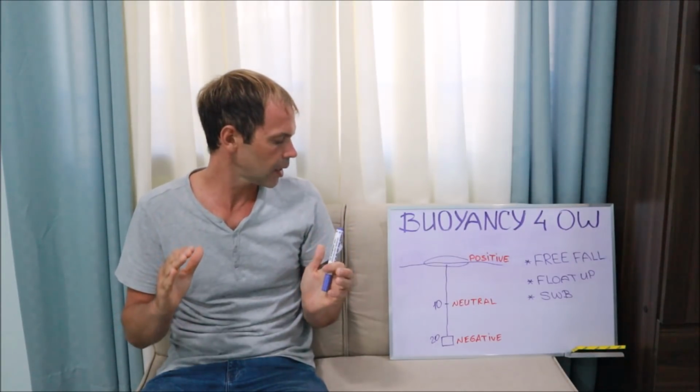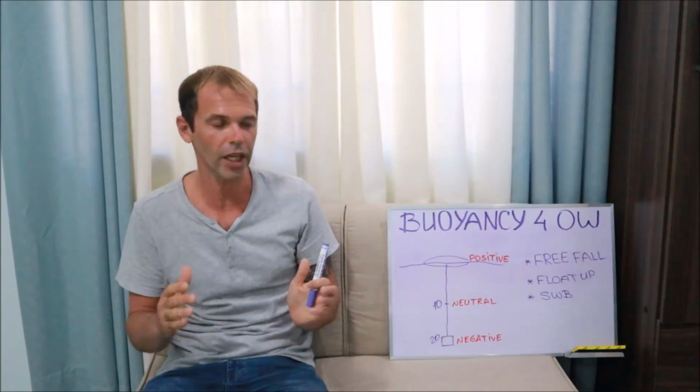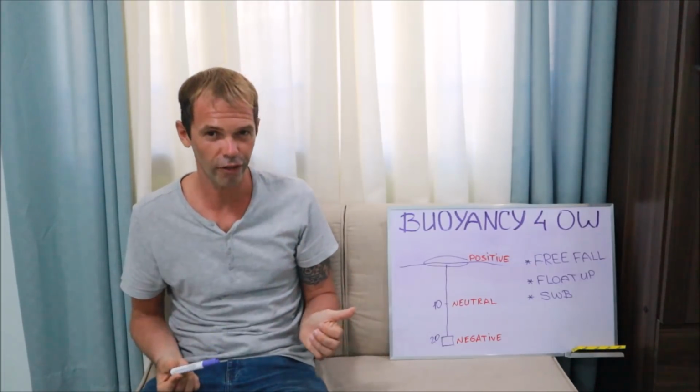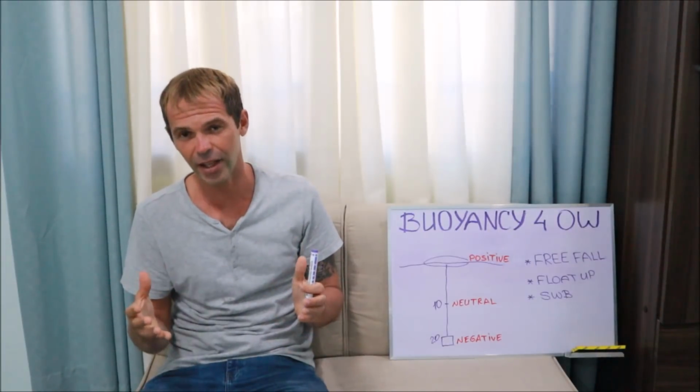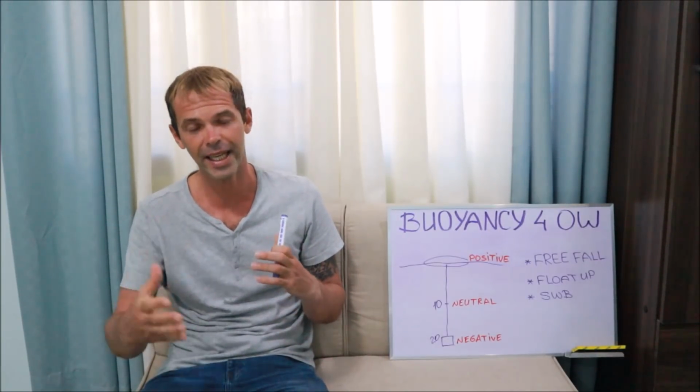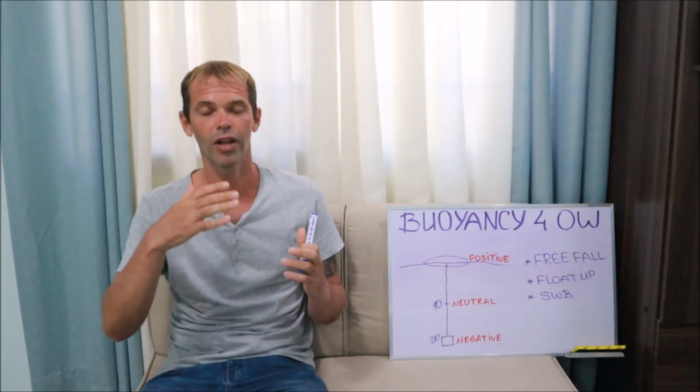A little tip, don't start free falling too early. We don't want to spend too much time talking about free falling in this video, but let's say if you pass 10 meters, technically you become negative buoyant, and technically this is the time when your free fall can start.